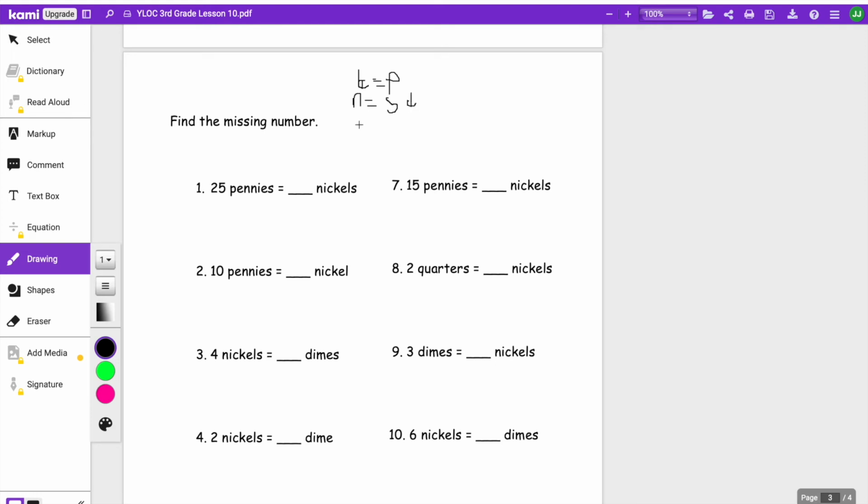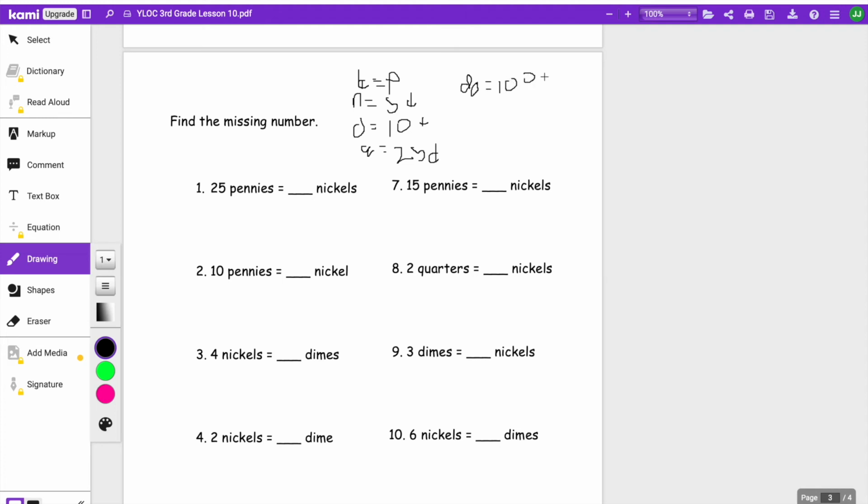A dime is equal to 10 cents. A quarter is equal to 25 cents. And $1 is equal to 100 cents.